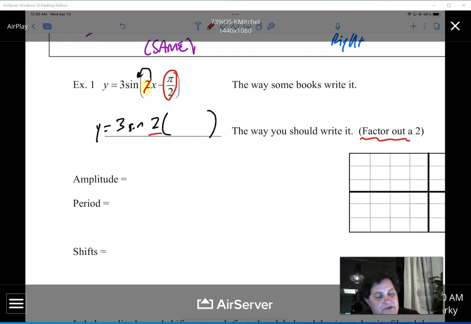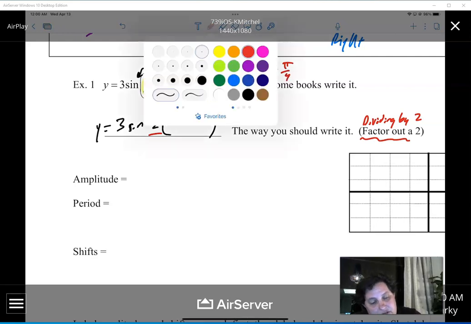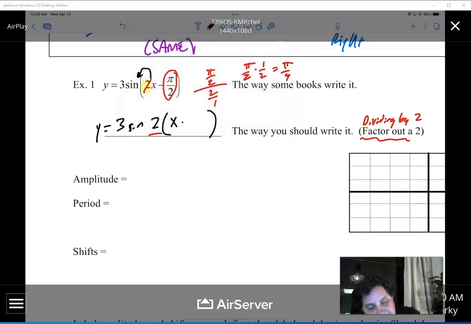So it says we're factoring out a 2. Factoring out means the same thing as dividing by 2. So if I take this and I divide by 2, thinking again about dividing fractions, it gives me pi over 4. So the way I'm actually going to write this is x minus pi over 4.